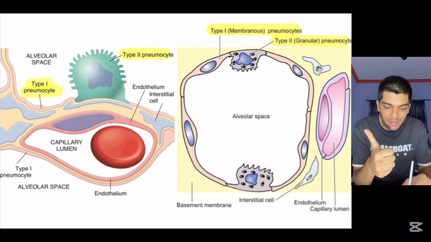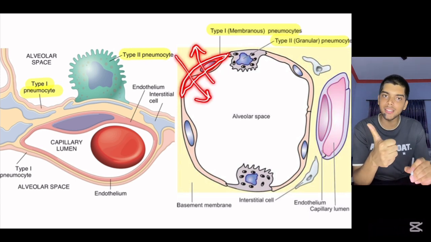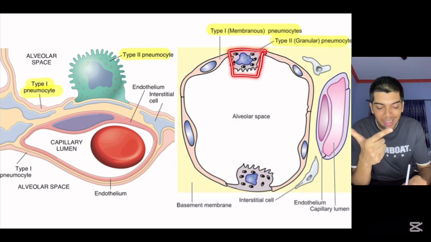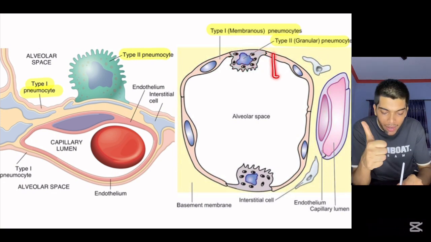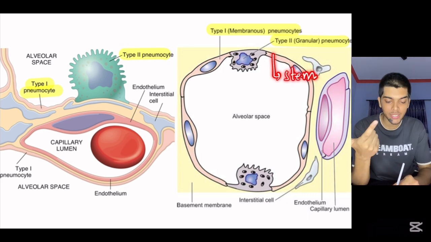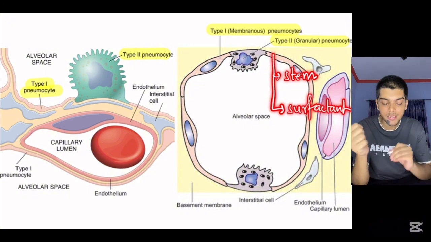Type 1 pneumocyte is flat and it allows for the exchange of gas. Type 2 pneumocyte, on the other hand, is cuboidal and granular, and it has two major functions. Number one, it is a stem cell, that is, it gives rise to other pneumocytes. And number two, it produces surfactant, which reduces surface tension.